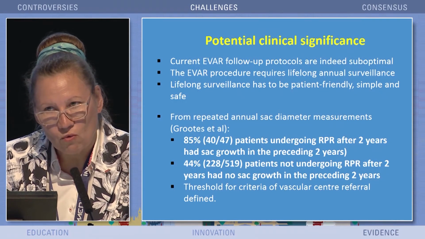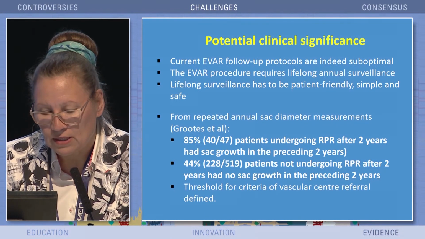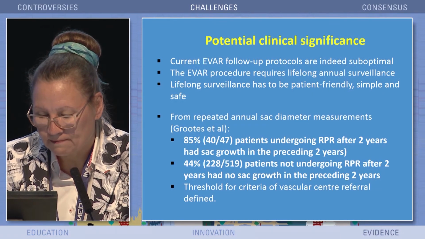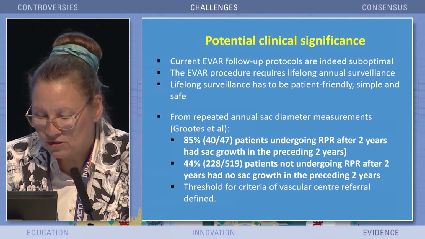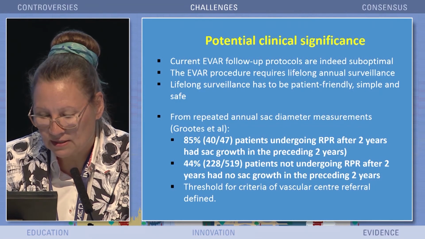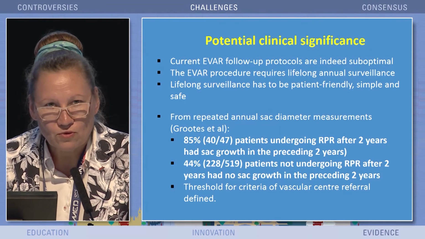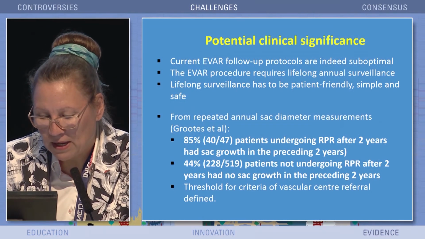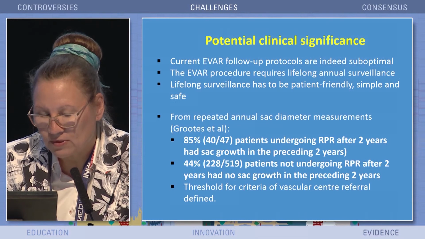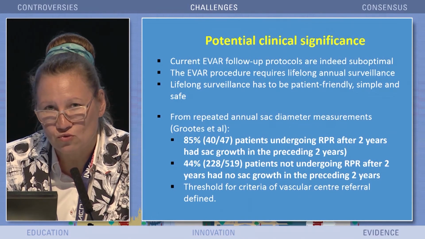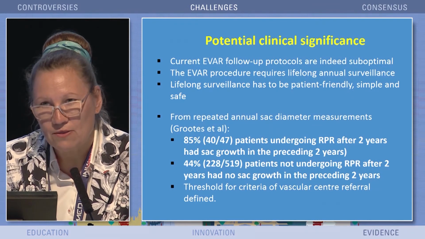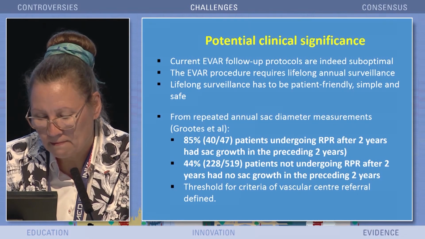I think we can all agree that we need lifelong surveillance after EVAR, but it has to be patient-friendly, simple, and safe. So from our study, we saw that 85% of the patients that underwent rupture-preventing intervention within 2 years from the primary EVAR had sac growth in the preceding 2 years.